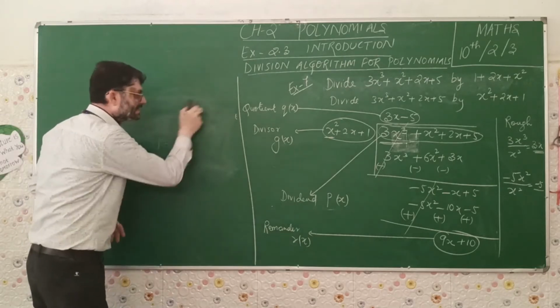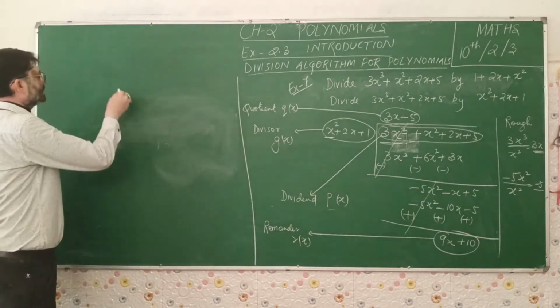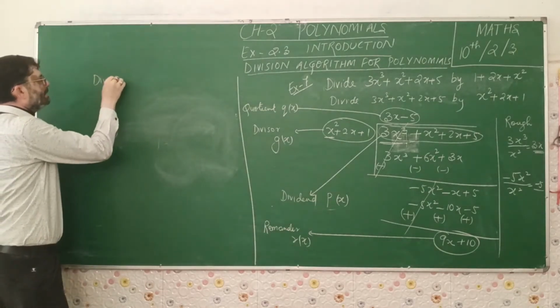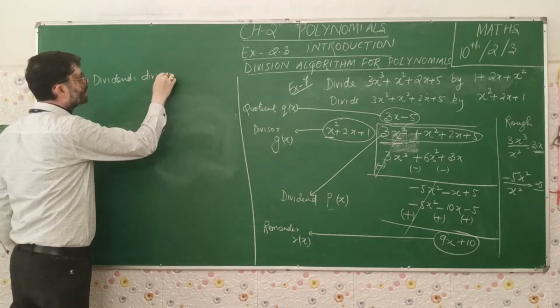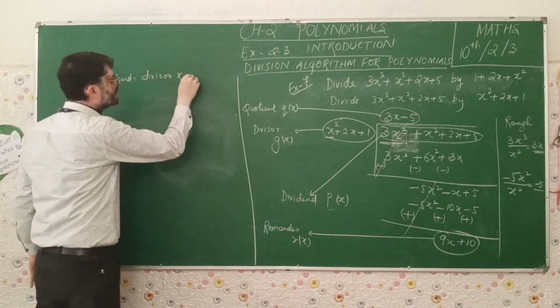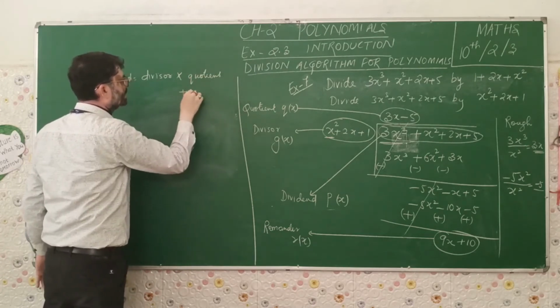Now, we know a simple division rule. We have studied in the previous chapter, also in chapter 1, that dividend is equal to divisor into quotient plus remainder.